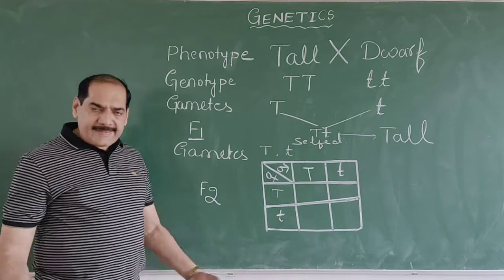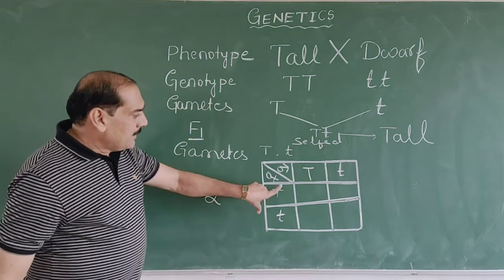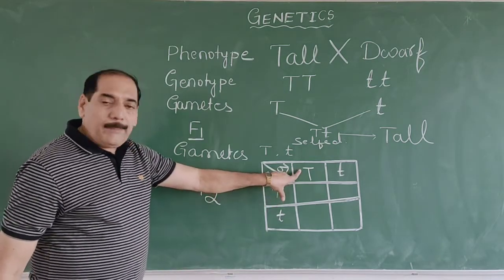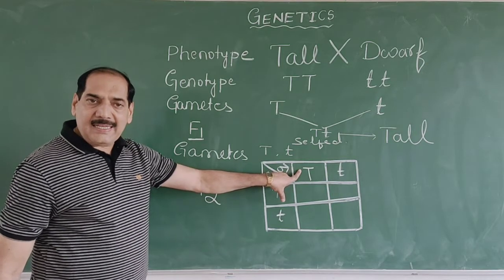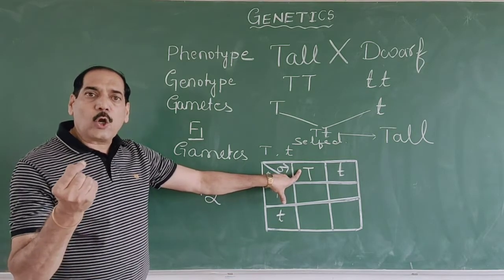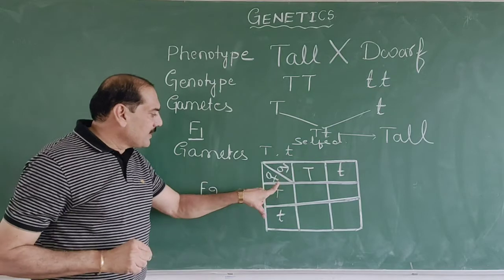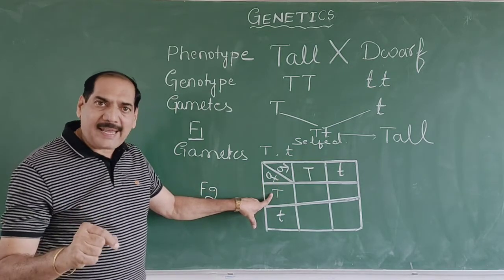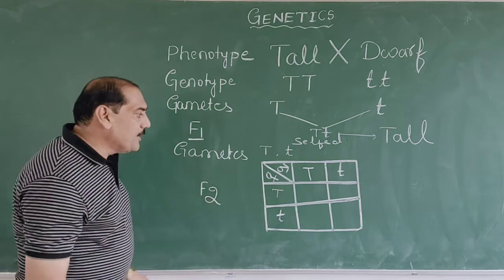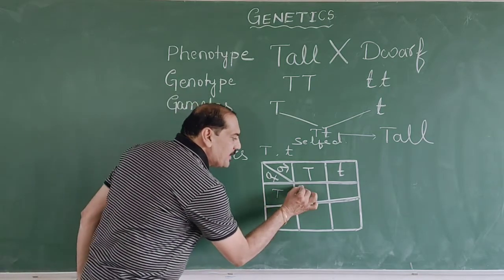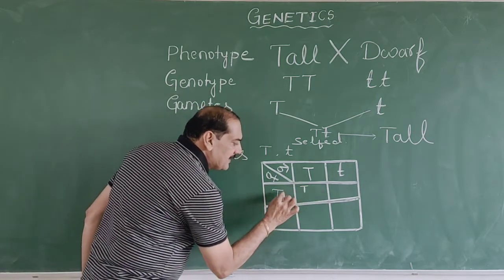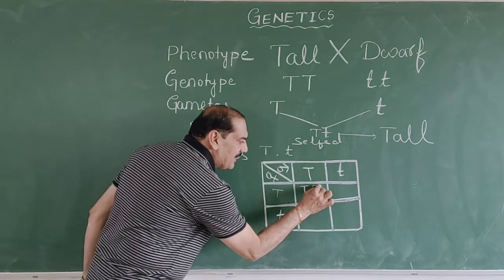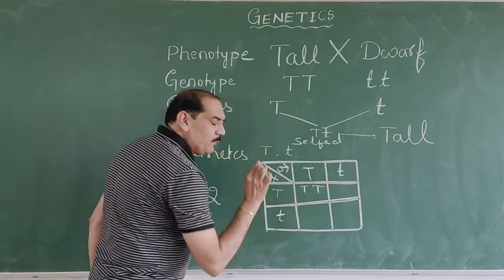Randomly, when selfed, if this male gamete having tall character is fused with the egg having a tall character, the genotype obtained we should write in this box. Capital T, pair of factors.